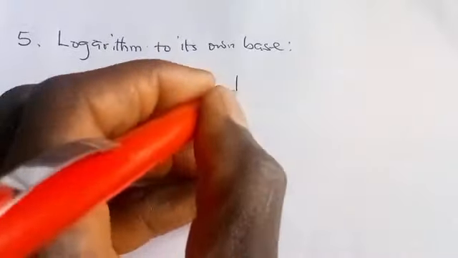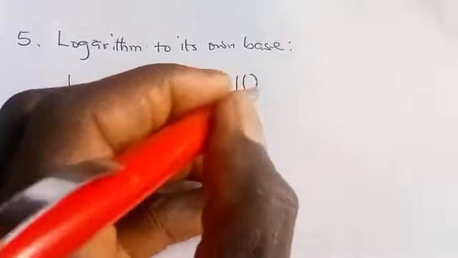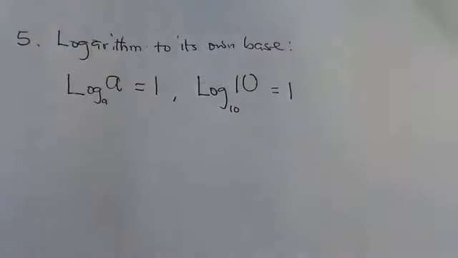Now, according to this law, the log of a number to its base is equal to 1. For instance, if you have log a to base a, the result will be 1. If you have log 10 to base 10, the result will be 1.